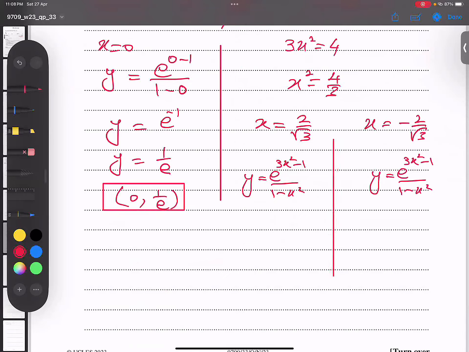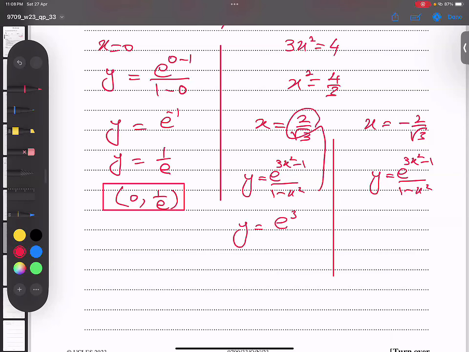And when I plug in this value here, okay, let me check. So 3 times 2, 3 will cancel. Okay, let me check. So 2 divided by root 3 and square and minus 1. I get a 3. So y e to power 3.